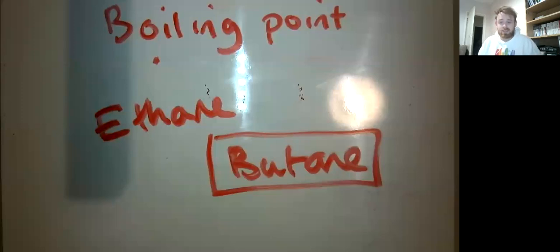Quite often you'll just get asked a question, a list of molecules, and it will say which one has the highest melting and which one has the highest boiling point. There are 2 ways to do it. You can either know that the bigger the molecule, the higher the boiling point, or if it's a little more complicated, sometimes they do try and trick you. If it's like an alcohol where one has 1 OH and one has 2 OHs, go to your data booklet and in the back there is a list of the melting and boiling points.